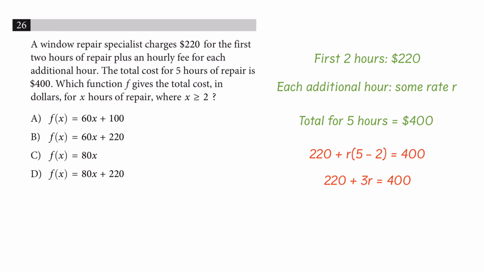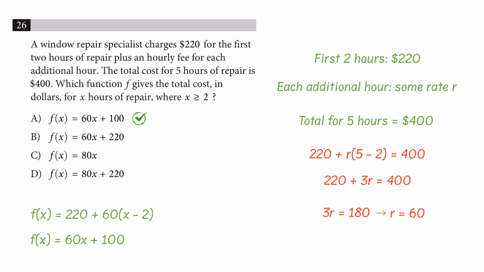Subtract 220 from both sides. 3r equals 180. Divide by 3, r equals 60. So the function is f of x equals 220 plus 60 times x minus 2. That simplifies to f of x equals 60x plus 100. That's choice A. Cost function built.